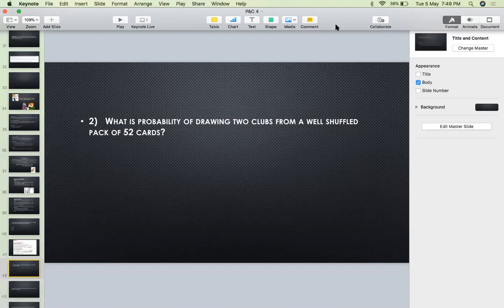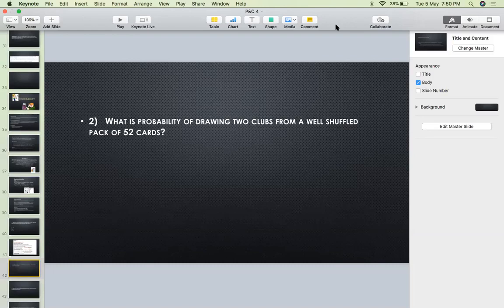Now, what am I going to do? I'm going to keep that card aside. Now I will again withdraw one card, and again my focus is on a club. So now what is the probability? Now we are left with 12 clubs. So from those 12, I am going to withdraw one club. What is the probability now? 12 by 51.